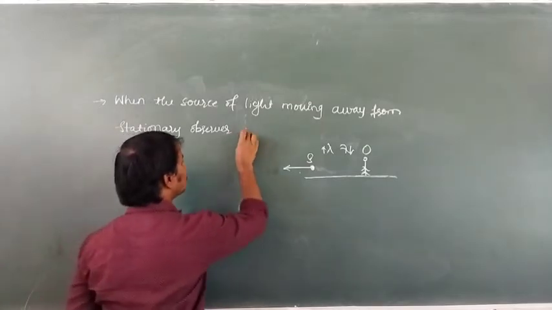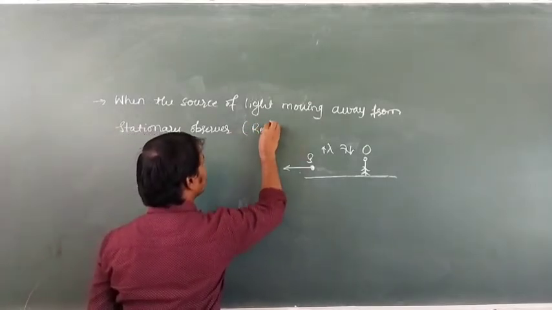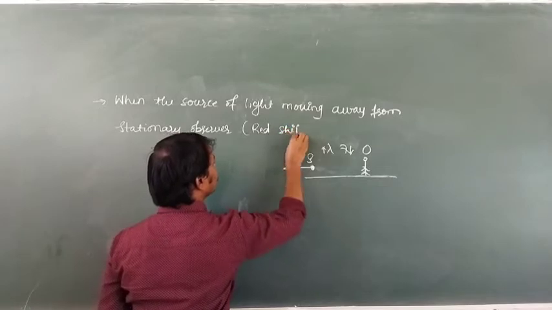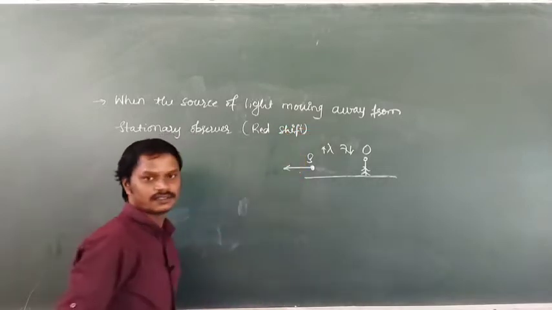And this Doppler effect is called redshift. Why is it called redshift? Because wavelength increases but frequency decreases.